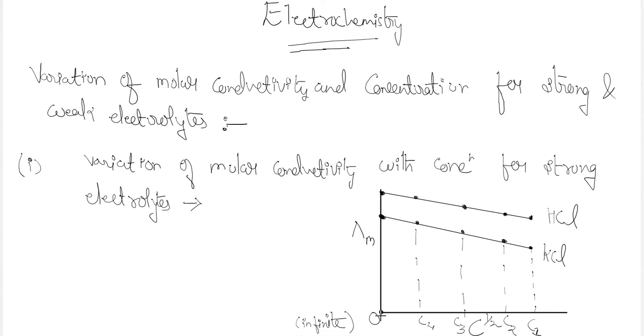It is when the concentration of the ions of the given strong electrolyte reaches zero. So this was the variation of molar conductivity for strong electrolytes.